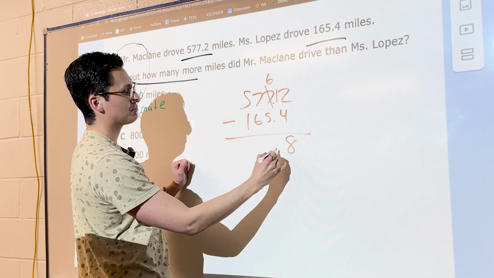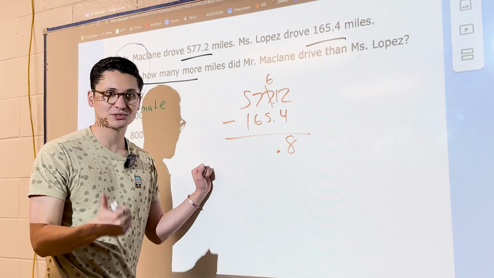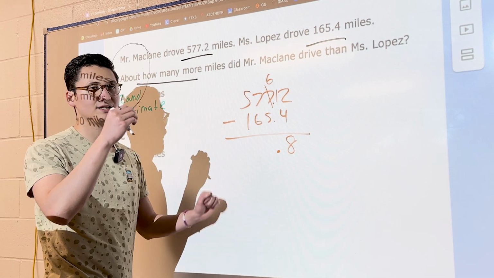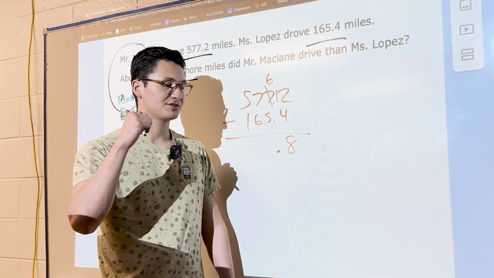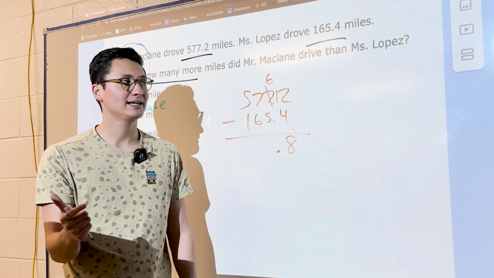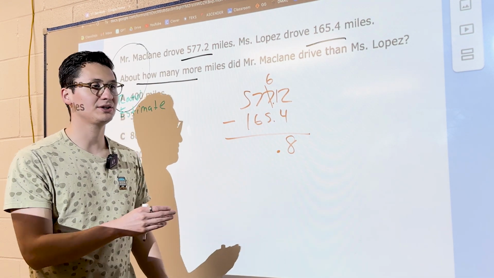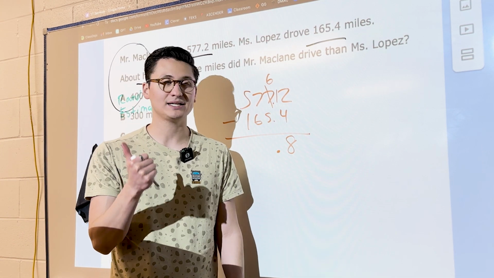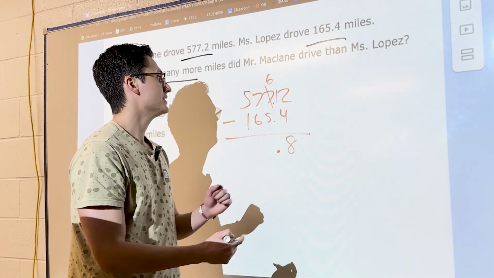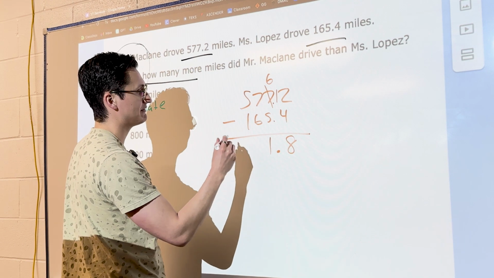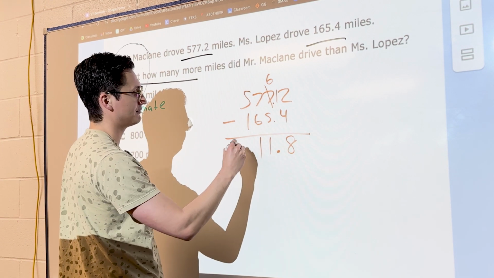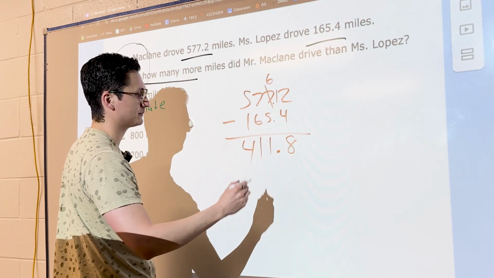The decimal, we can bring it straight down because we are subtracting. We only bring the decimal straight down when we subtract, when we add, and we make sure that our decimals are lined up when we compare as well. So 6 minus 5 is 1, 7 minus 6 is 1, 5 minus 1 is 4.